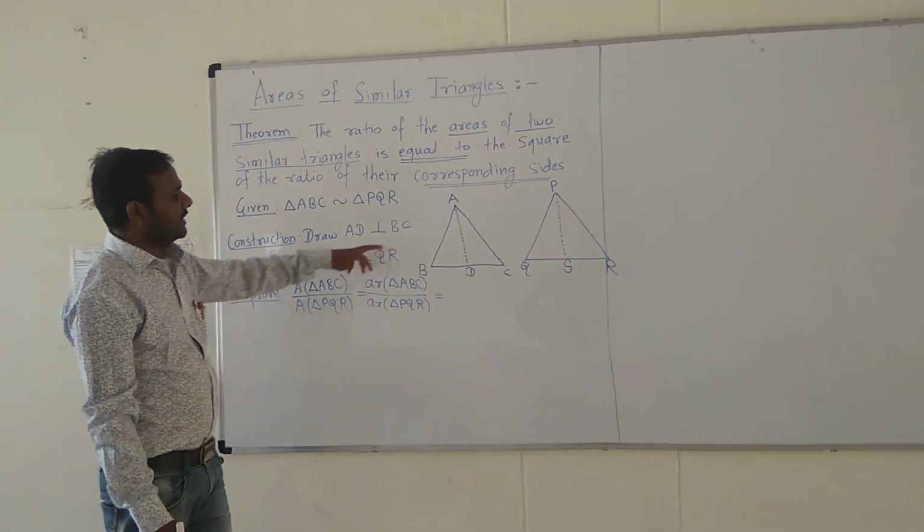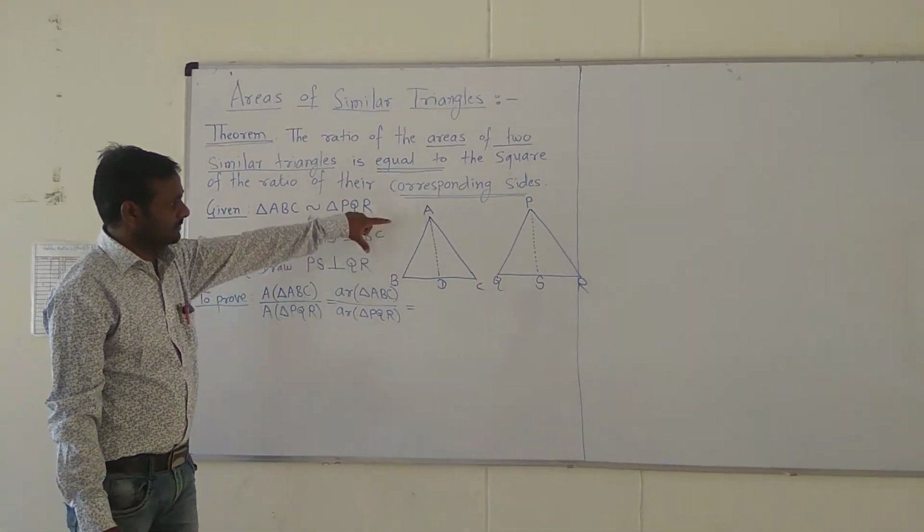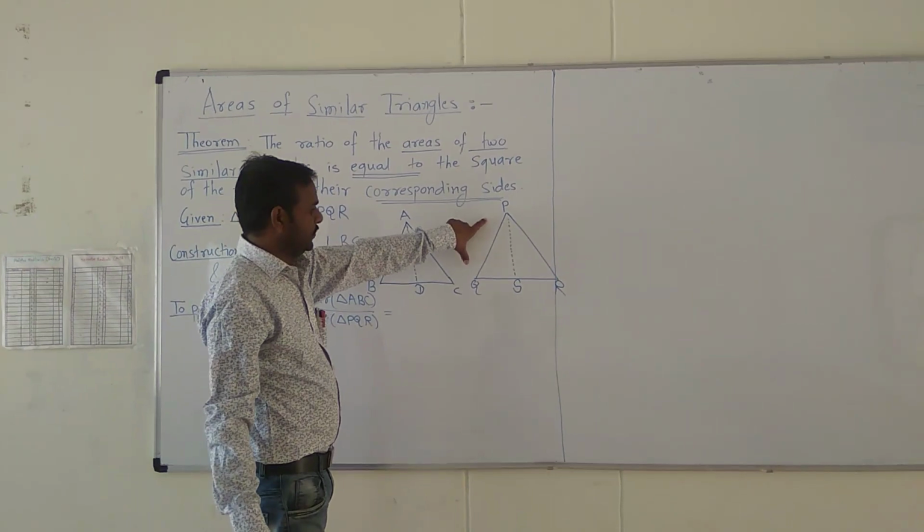In triangle ABC and triangle PQR, the corresponding side of AB is PQ.